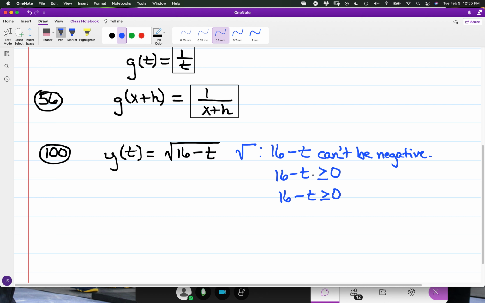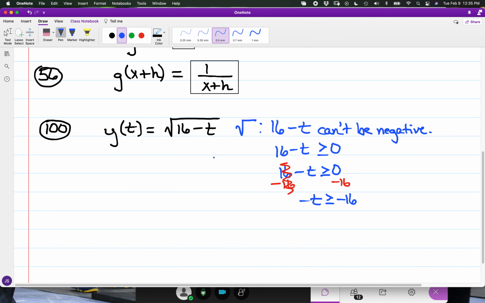If I isolate the t term, I can take 16 away from both sides. So here we're going to have that negative t is greater than or equal to negative 16.